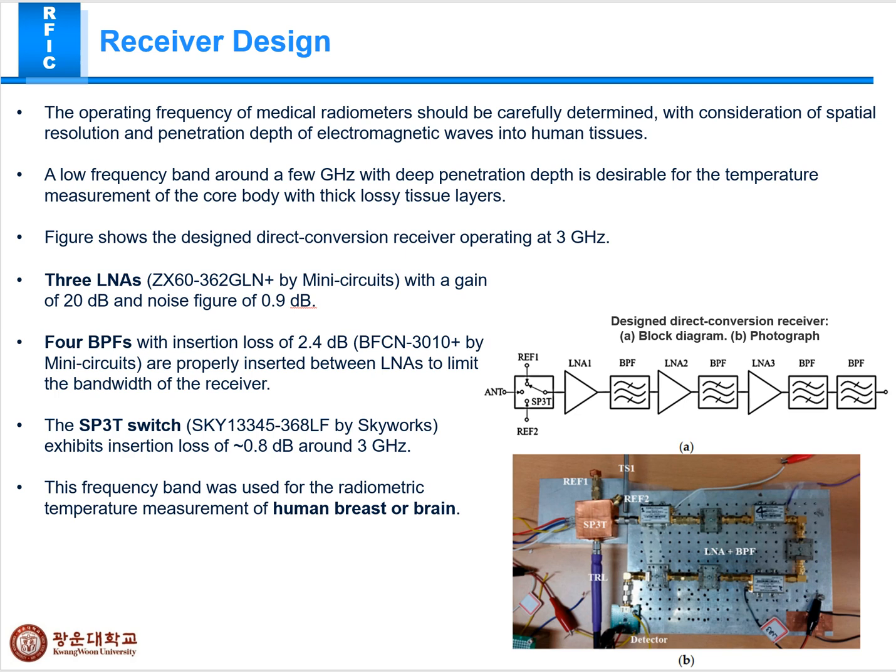And in this figure you can see we used 3 LNAs, model number ZX60-362GL from Mini-Circuits, with a gain of 20 dB and noise figure of 0.9 dB, and 4 BPFs of 2.4 dB.